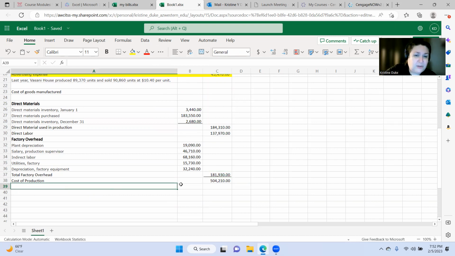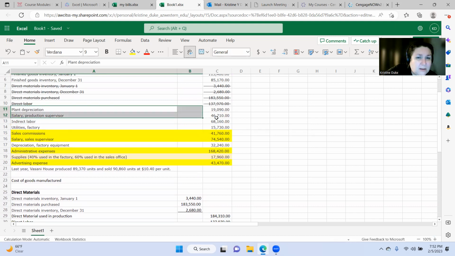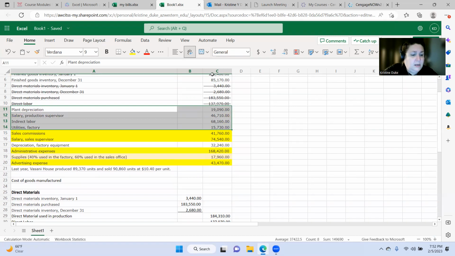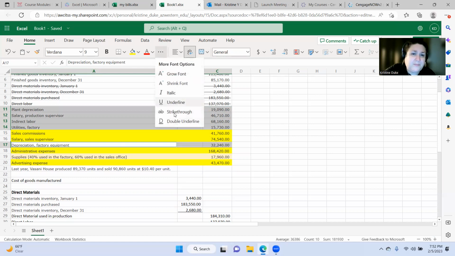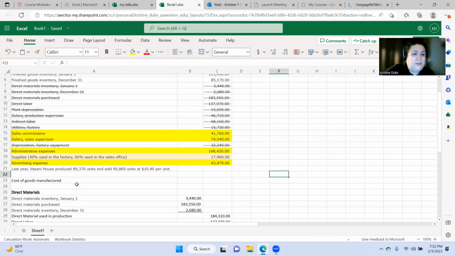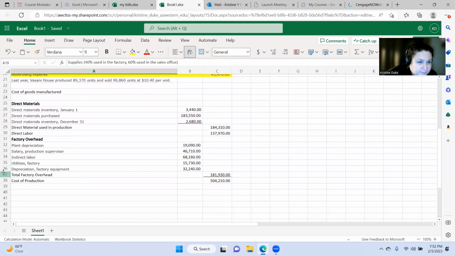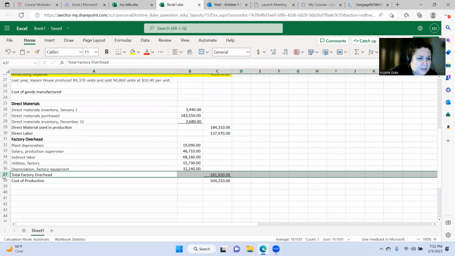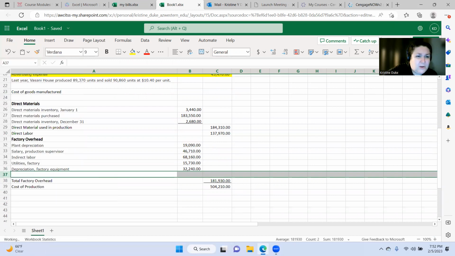The next thing I'm going to do is strike through this one and this one. And then I'm going to remind ourselves that I missed one right here. So I'm going to go ahead and add another insert row.